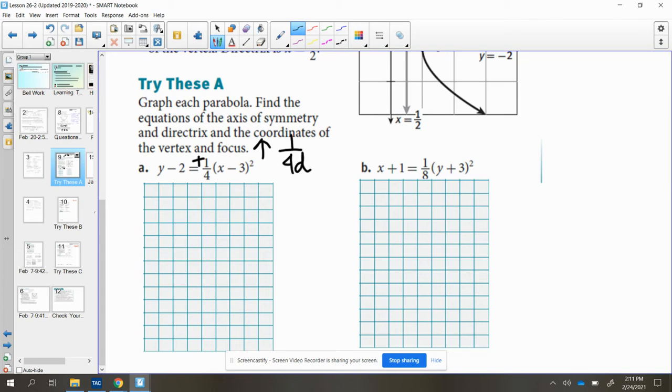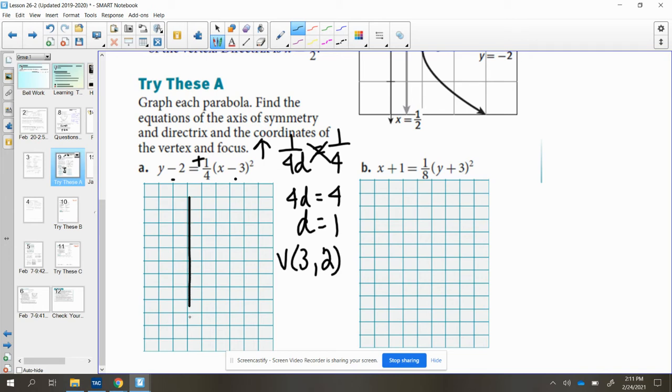Now our value for d, if we solve this, 1 over 4d equals 1/4 this time, which means if we cross multiply and solve, we end up with 4d times 1 equals 4 times 1. So our d value is 1 this time. And our vertex is at 3, 2.